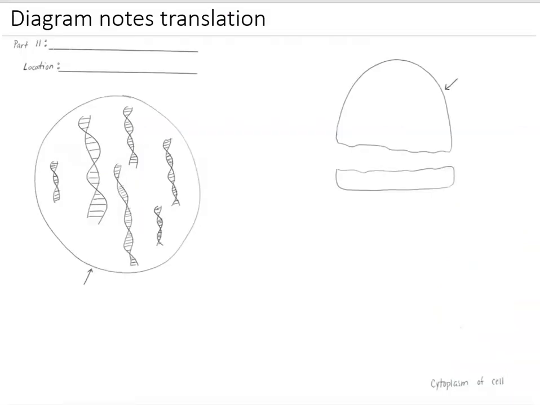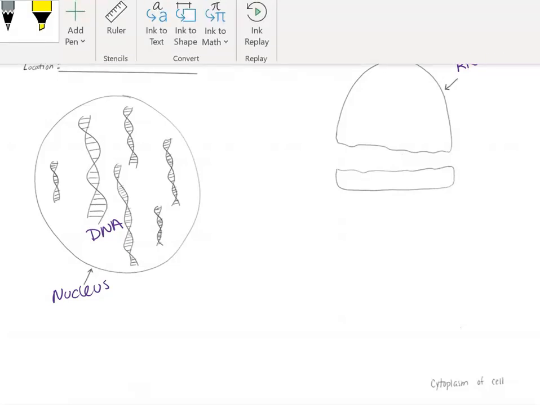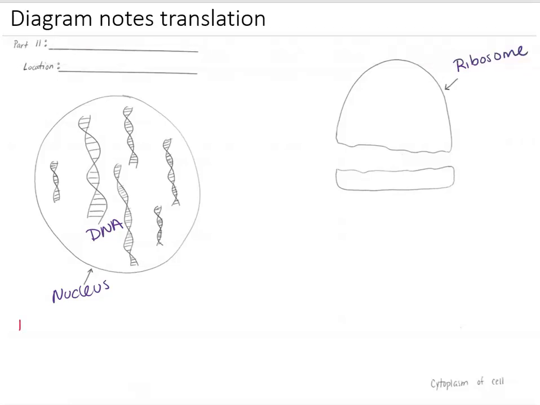Let's draw this out. So a few things to label first. This is representing our nucleus. Remember, DNA cannot leave the nucleus. And these are our DNA strands. And this is going to be our ribosome in the cytoplasm. So remember, in transcription, the mRNA is edited.